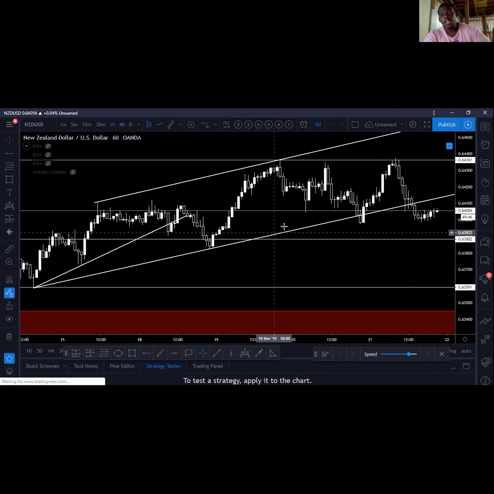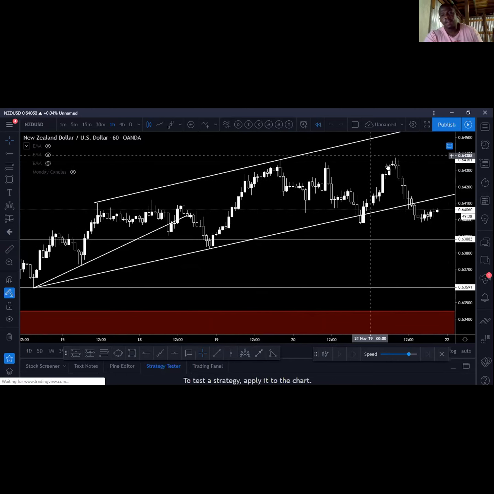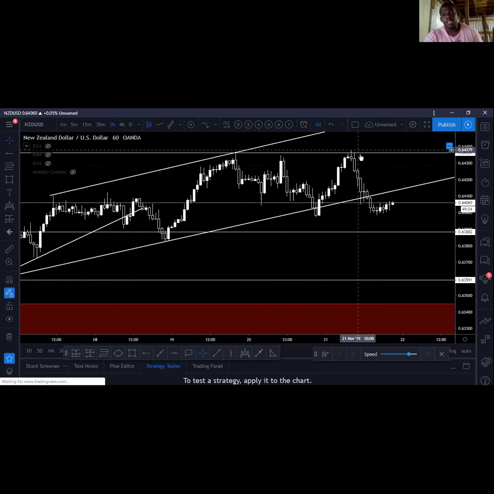So the price was in an uptrend, and we hit this resistance area a number of times, and all the time it will hit and reverse, till price decided that this area was too strong to break, and it turned around and started to break the uptrend line. With a nice engulfing candle here on the H1.